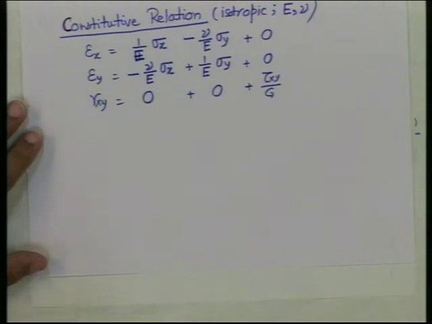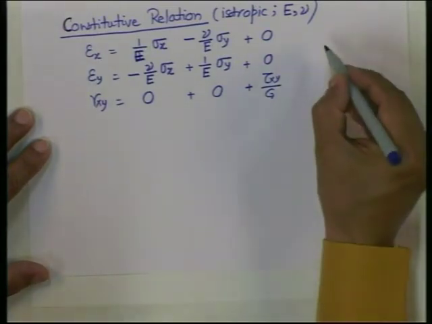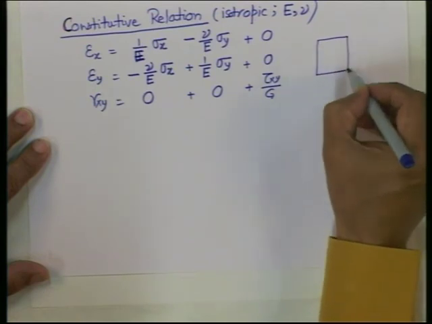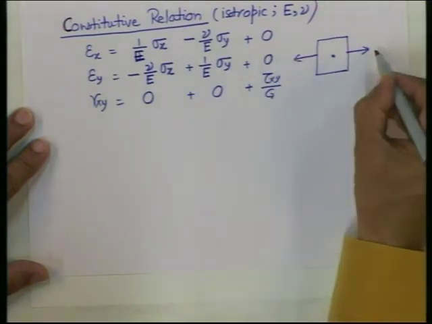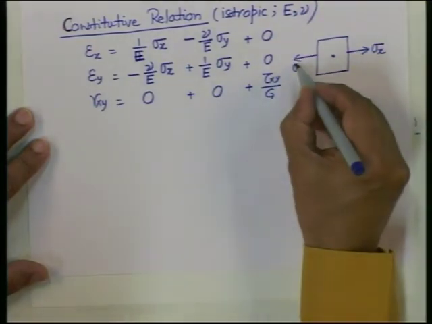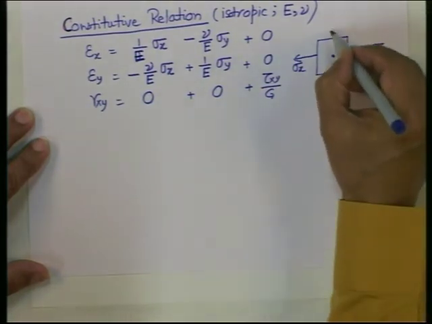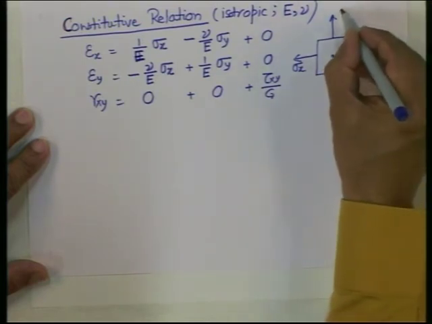So, is this plane strain? Whatever I have written, are you sure? No, it is plane stress. There is a slight difference that you have to see, but whatever I have written is plane stress, where sigma z is 0 here.